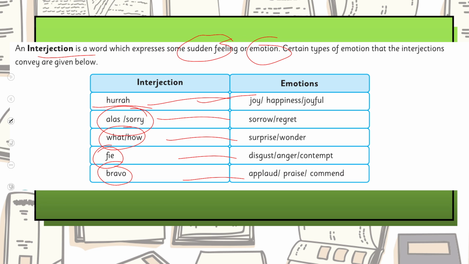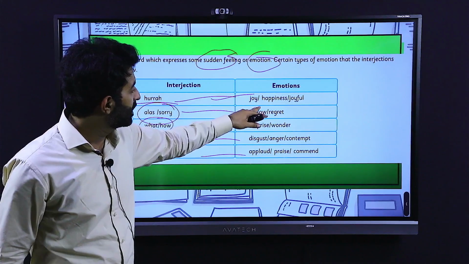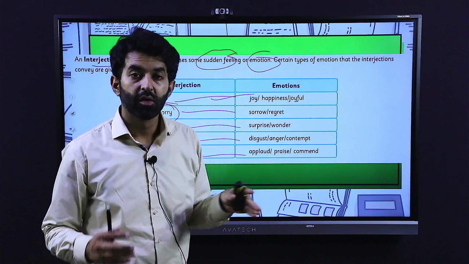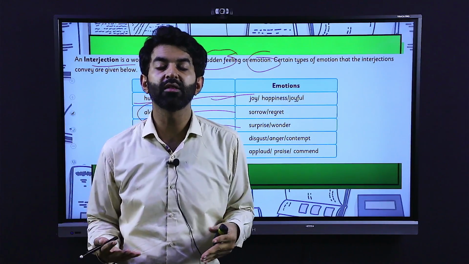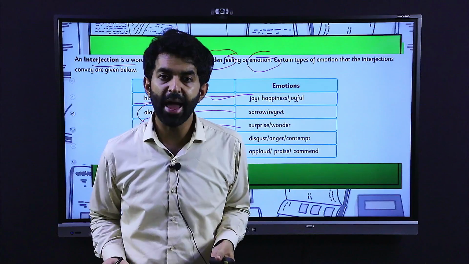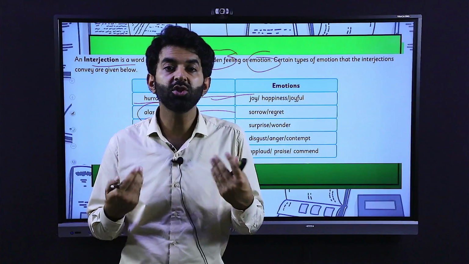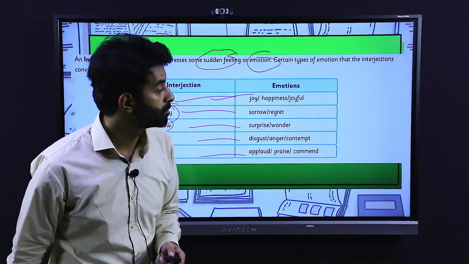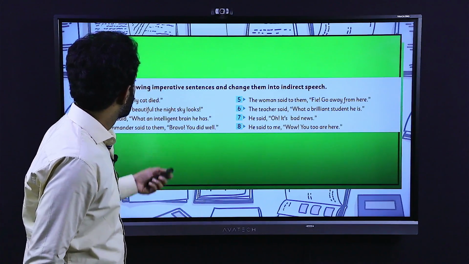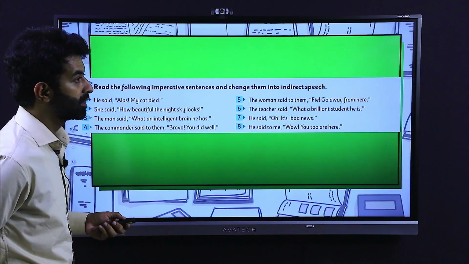If somebody is saying in the reported speech, hooray, we have won the match, you will say, he exclaimed in a very joyful way that they had won the match. So this is how you're going to convert the exclamations and interjections in your indirect speech. Now, this activity is for your solving. It's like a task.